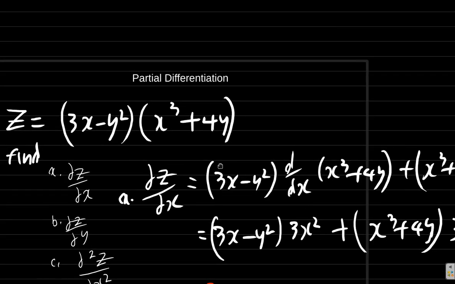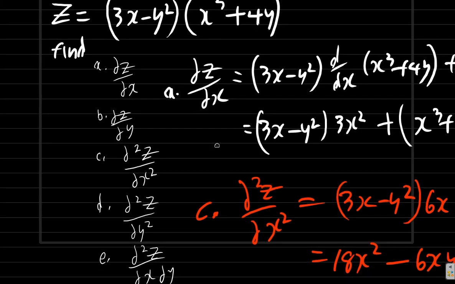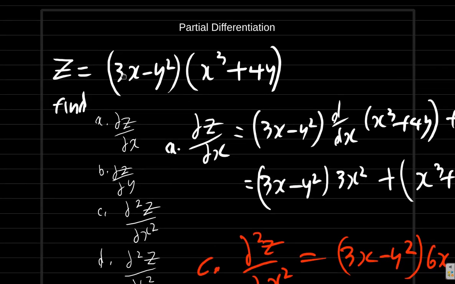now here, let's use the product rule, right? Whether you multiply out the brackets up here or use the product rule, you should get the same thing. Partial z with respect to y.